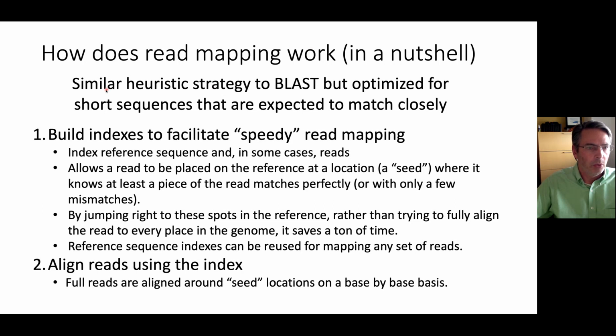All right, how does read mapping work? It has a similar strategy to BLAST. It's just optimized for short sequences that are expected to match really closely. So it builds an index out of your reference genome. Usually, or often, those can be pre-computed. We're going to actually walk through that step here in a minute. Some of the aligners also index the reads.